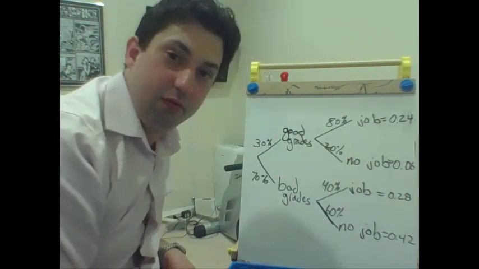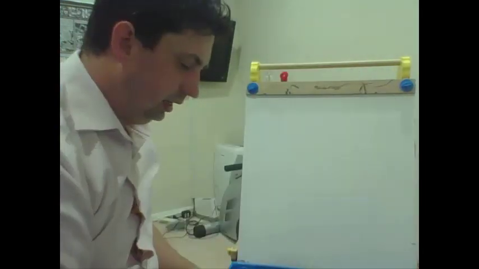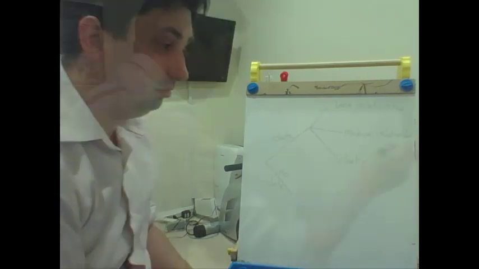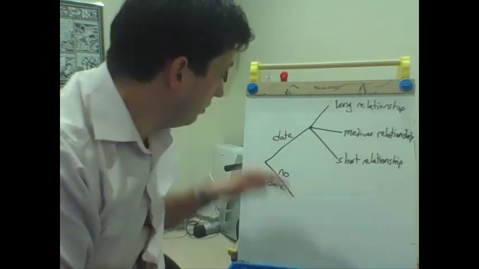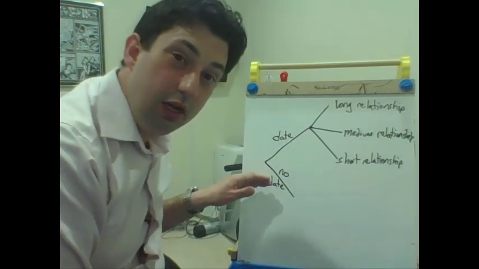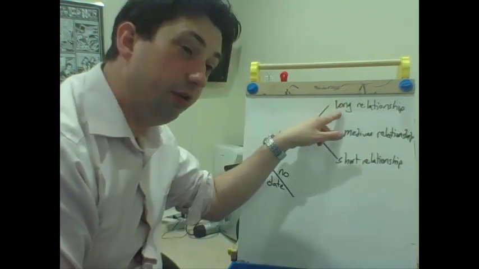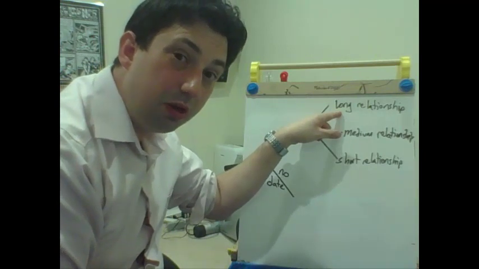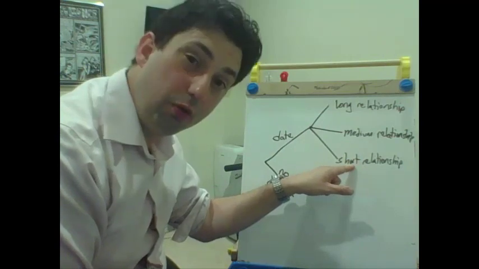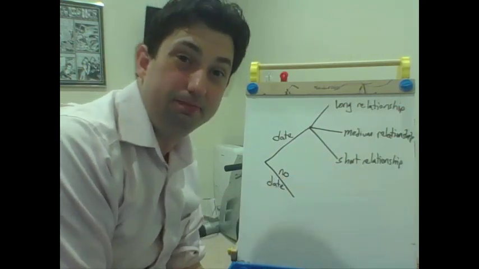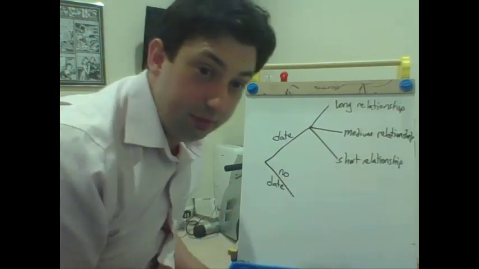We can, of course, go even further. Because of these conditional probabilities, they can go all over the map. You can do all kinds of different things with them based on the scenario. For example, imagine someone who you could date. You could either date them or not date them. If you date them, there's a chance of a long relationship, maybe you get married, a chance of a medium relationship, you date for many years, a chance of a short relationship, you might only date for a couple months or less.